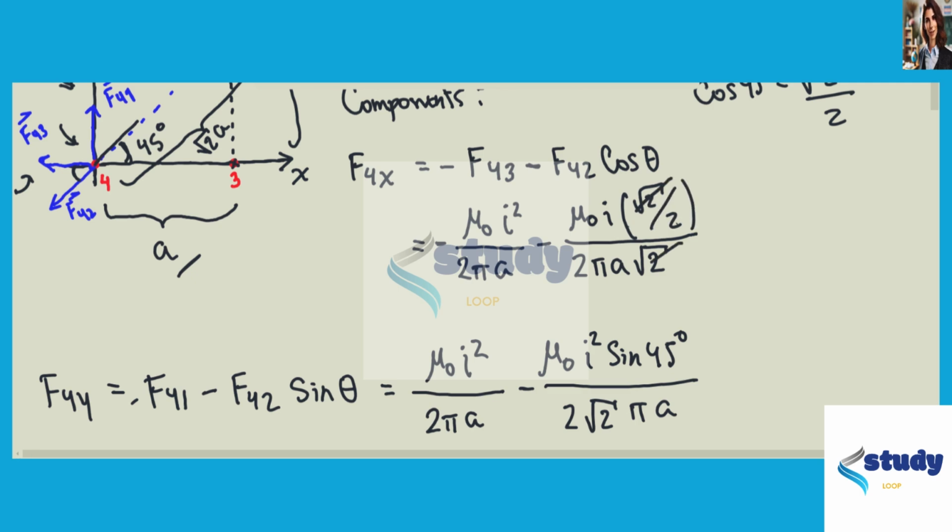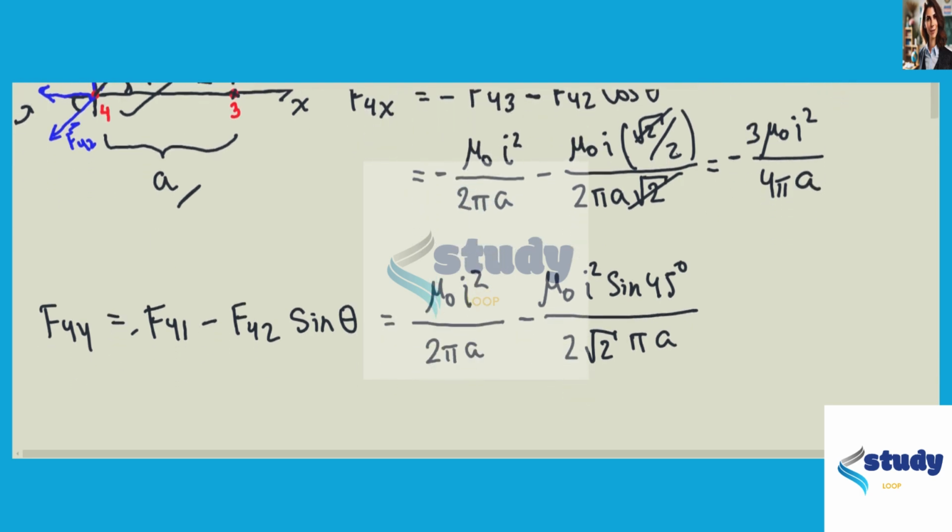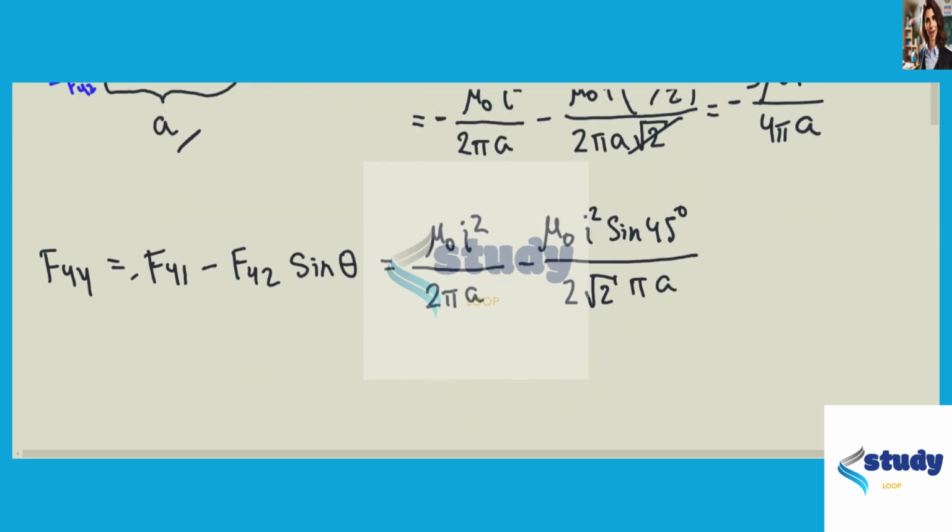So we can simplify this like this, and we will have 4 in the denominator. So when we sum this, we will have 3, and that's it for the x component.